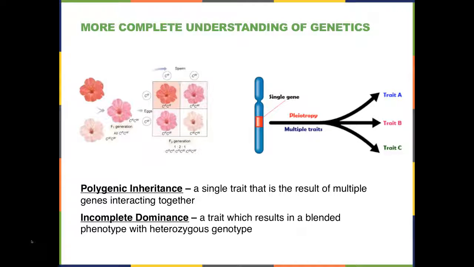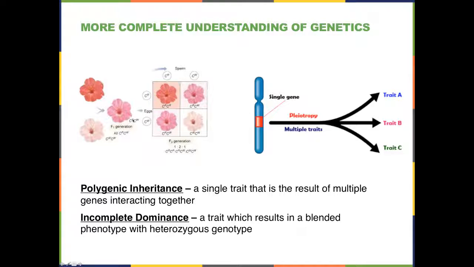Incomplete dominance, I said codominance, I meant incomplete dominance. Incomplete dominance is when a trait is a result of a blending in the heterozygous state. So for example, as we said before, if you have a heterozygous, now they changed letters here, so that's not right. They shouldn't have done that.